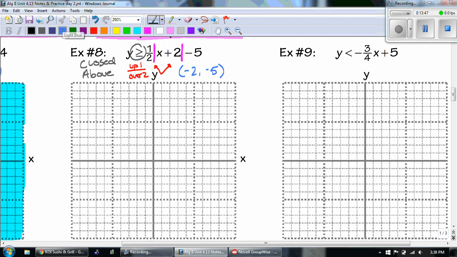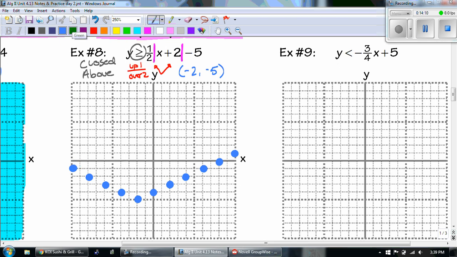Okay? So -2, -5 is where I begin. And I go up 1 over 2, up 1 over 2, up 1 over 2, up 1 over 2, in both directions, the entire length of the graph. Okay?